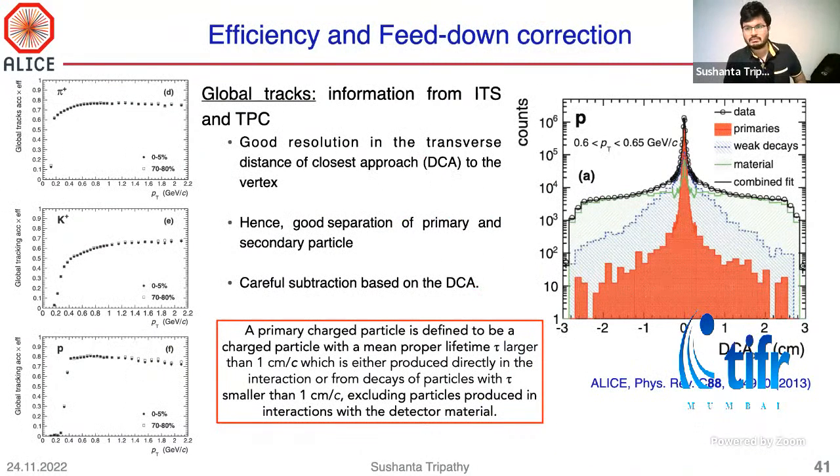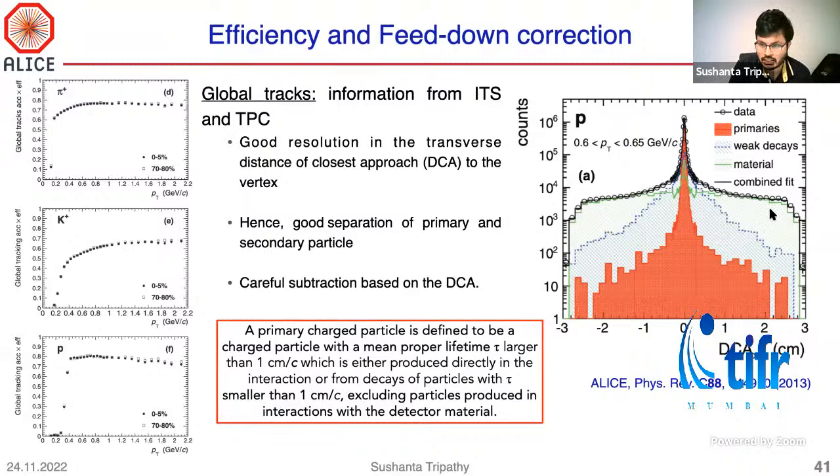Yeah, so basically we get an estimation from models for weak decay material, and then we weight it with the data-driven particle composition. As you know, in models they don't have the proper fractions, because they do not have an exact weak decay in their model.